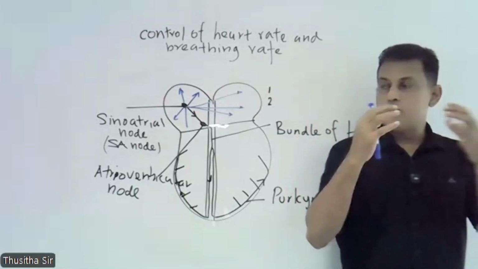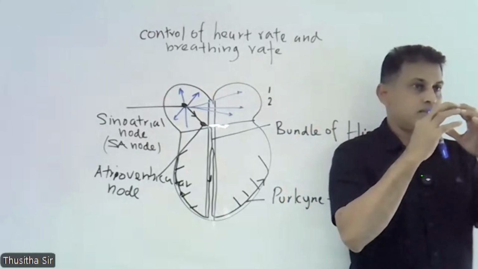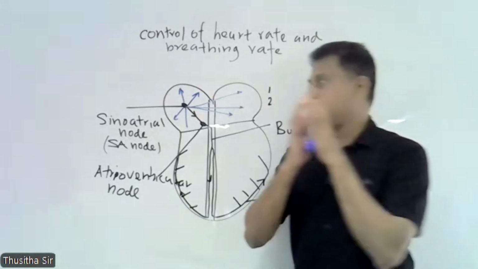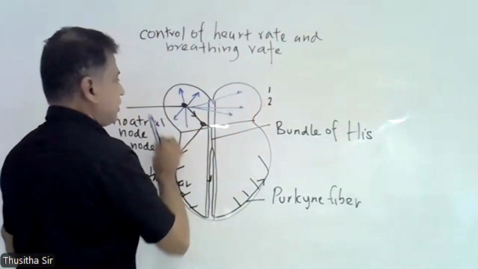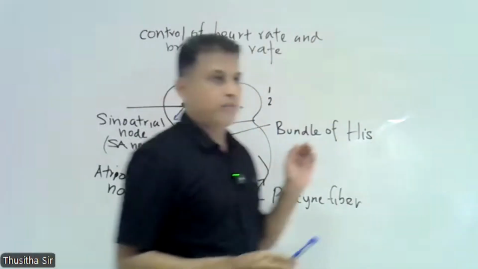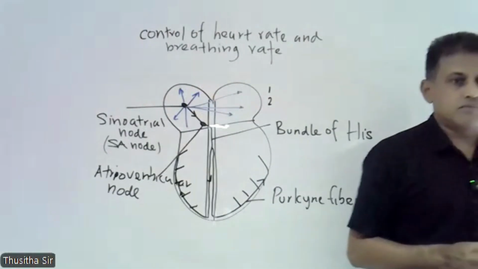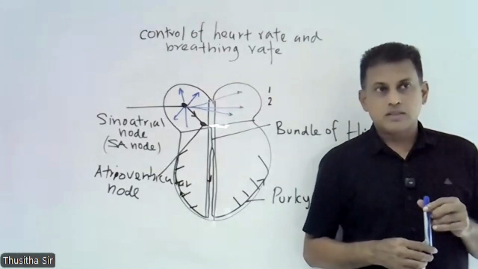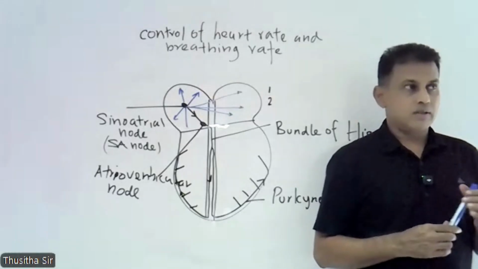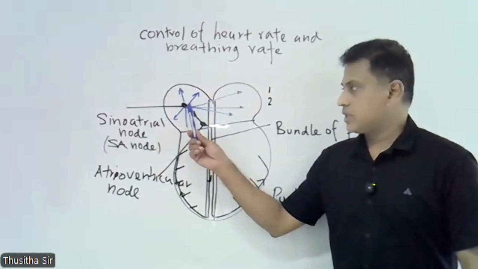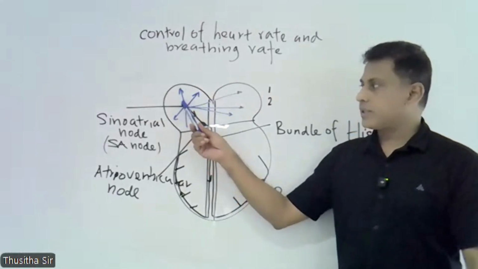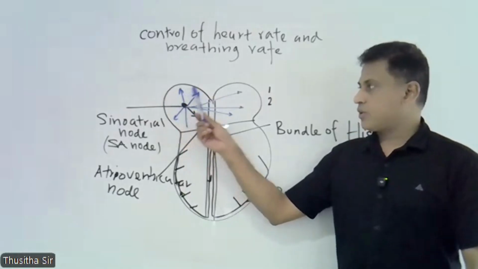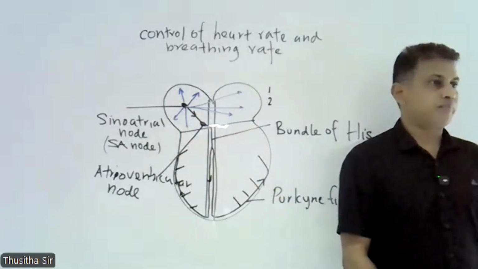That means all muscles are interconnected, so this depolarization wave can spread across both atria. Understood? The depolarization starts here, then all the heart muscles are interconnected, so it can spread to the whole atrium.